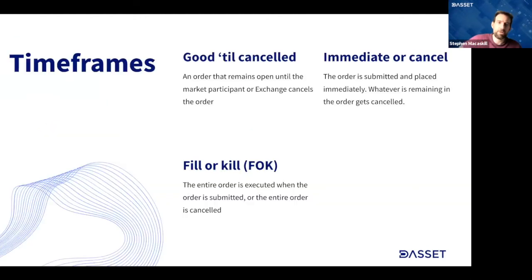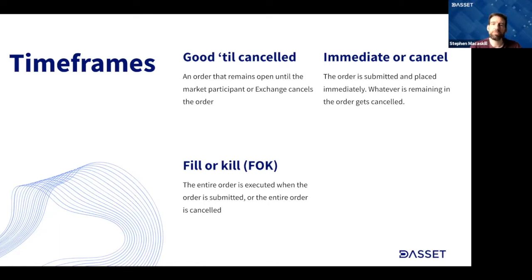So now we're going to go into time frames that relate to market orders and limit orders. Time frame isn't really the best terminology, but these are additional conditions that you can place around your order.